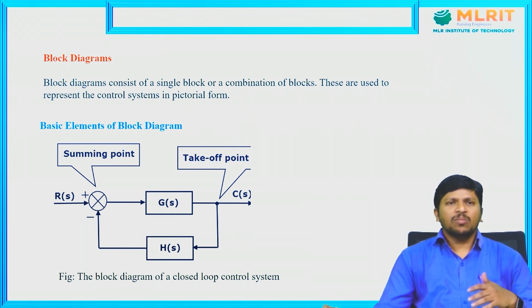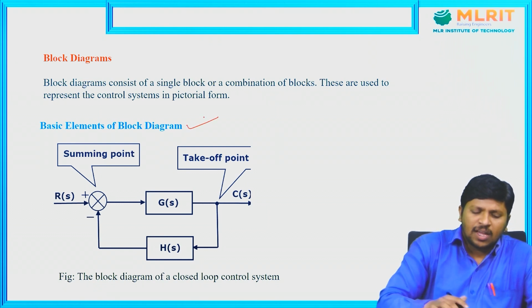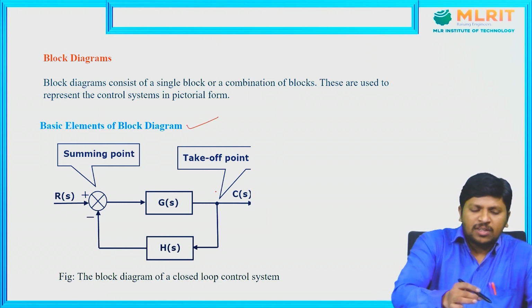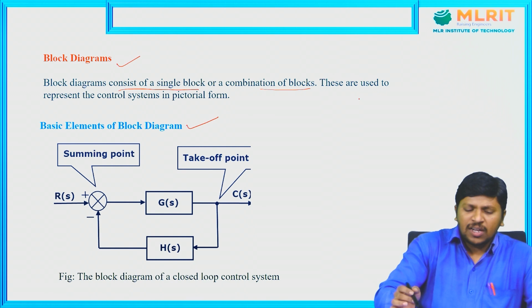Coming to the basic blocks of the block diagram, just observe, these are the basic elements in a block diagram. The block diagram definition is that it consists of a single block or more number of blocks combined into blocks, used in a control system for representing with a pictorial form.